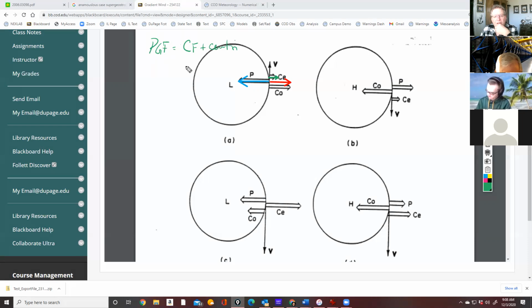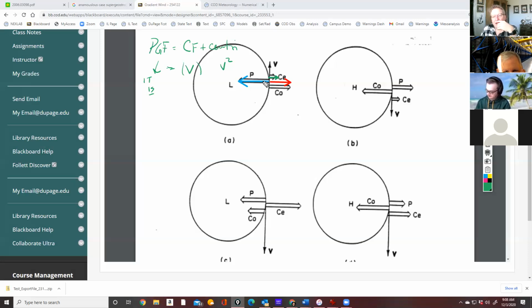Now this force is velocity dependent, in terms of velocity squared. What I like about the pressure gradient force is that's all it is. Whatever the pressure gradient is, that means there's a pressure gradient force.